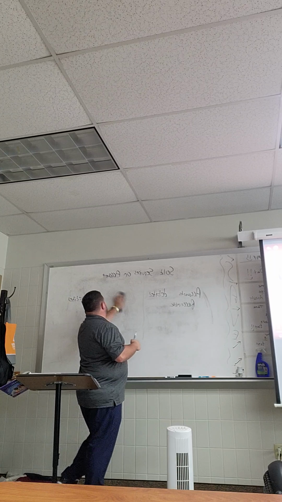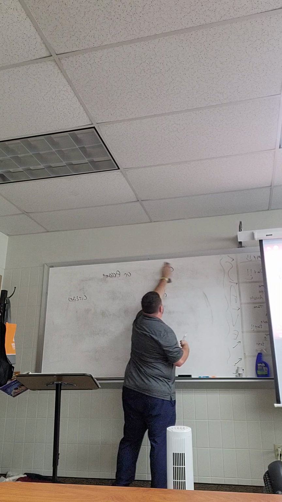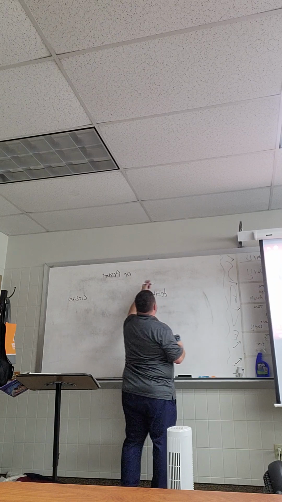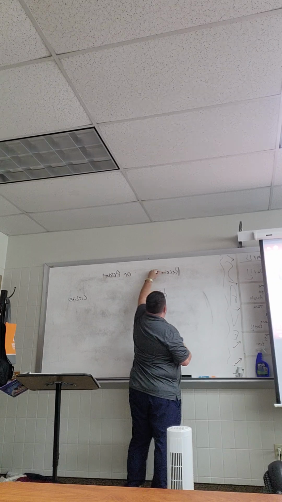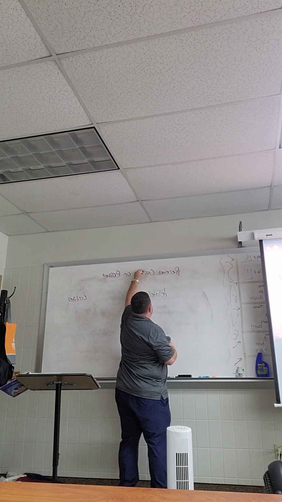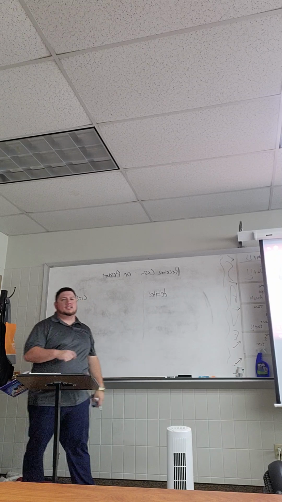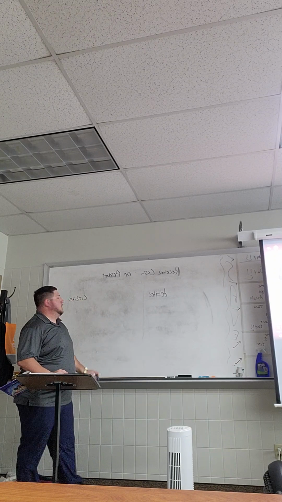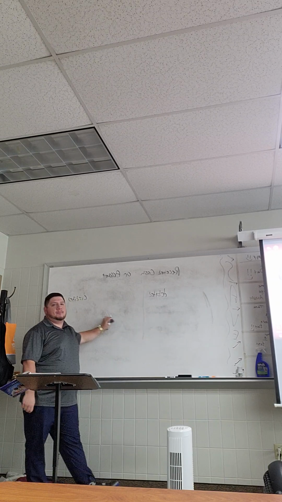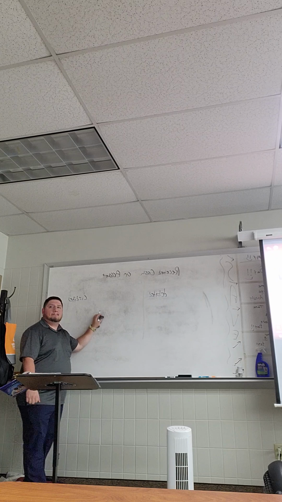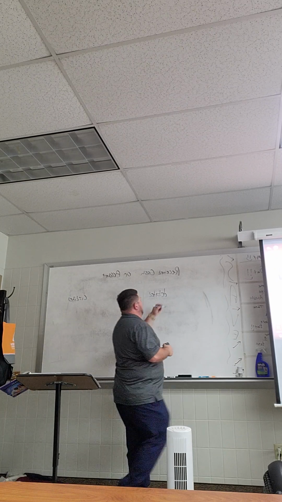Okay, what if I received cash on account? So they owed me $1,000, now they paid me some of that, right? How am I going to record that with debits and credits? I received cash on account. Debit cash, yes, because I'm receiving cash.